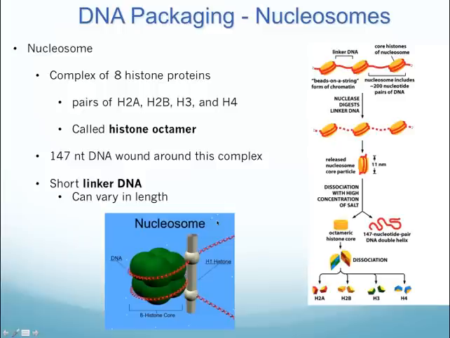So let's look more closely at what a nucleosome is. A nucleosome is actually a complex of 8 histone proteins: H2A, H2B, H3, and H4. You don't need to know exactly which histones they are. We're going to focus on H3 in a little while. But what I want you to understand is that the nucleosome is made up of what's called a histone octamer. Remember, octamer just means that there are 8 histone proteins.